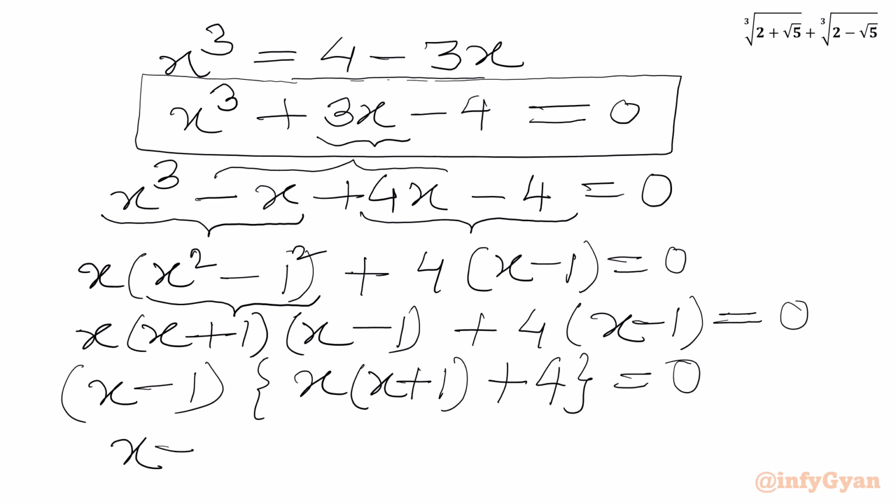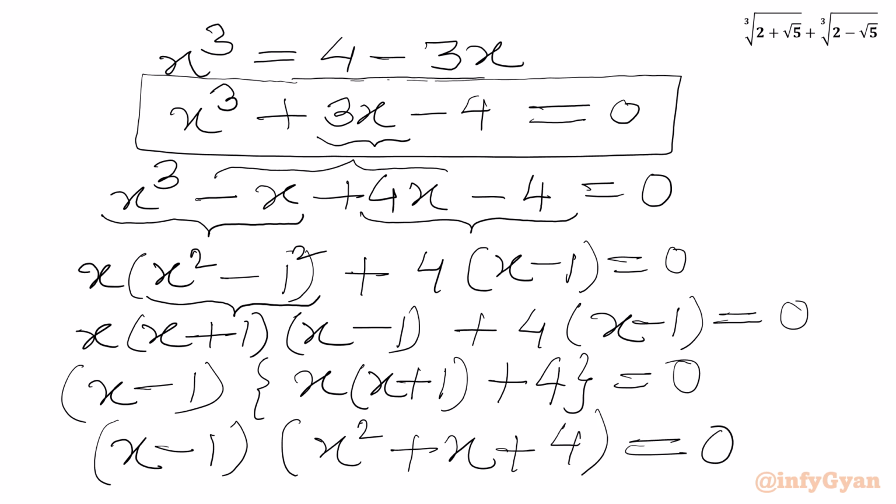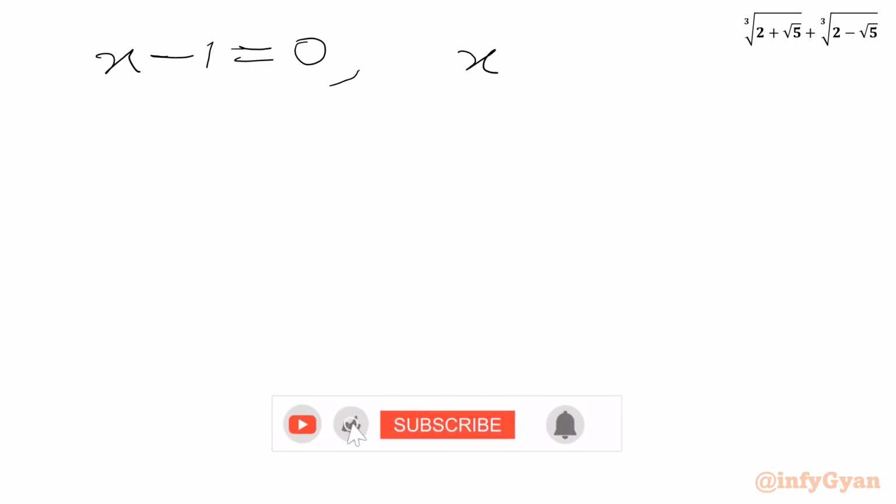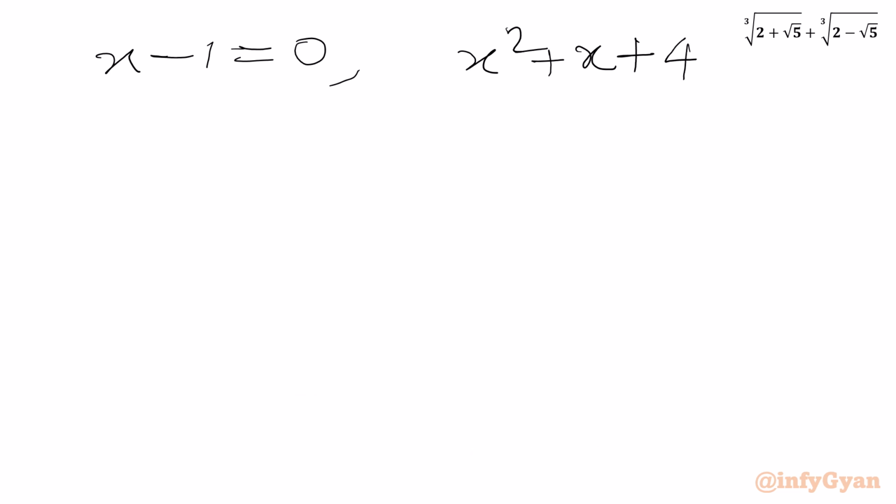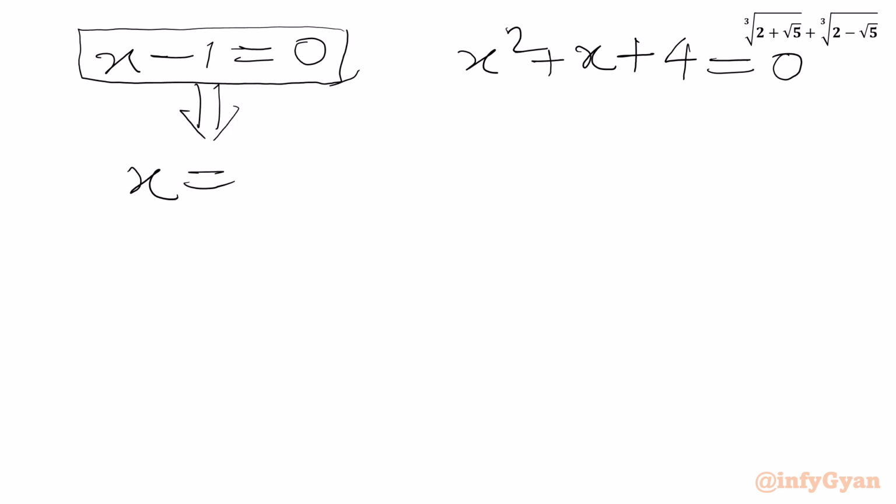Or we can write x minus 1 times x square plus x plus 4 equal to 0. So from here we will get two equations. Either x minus 1 will be equal to 0 or x square plus x plus 4 equal to 0. So from first equation we will get our answer x equal to 1.